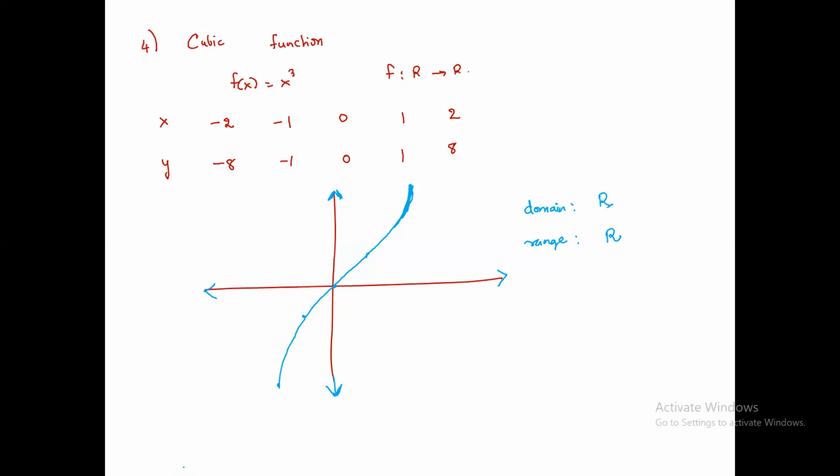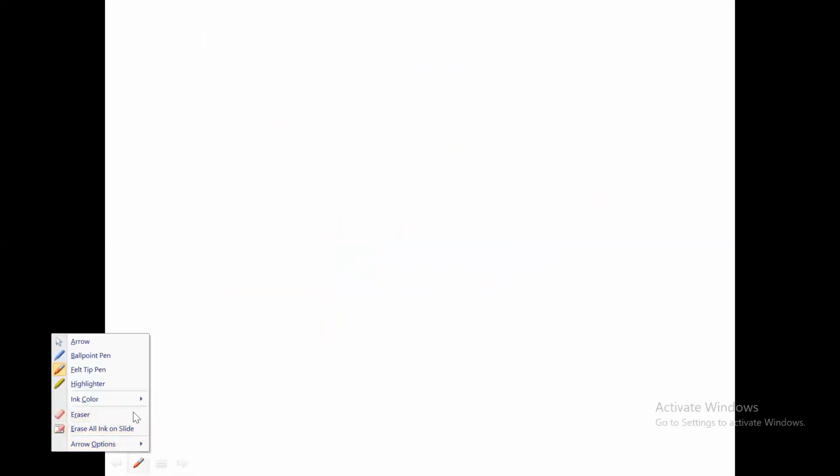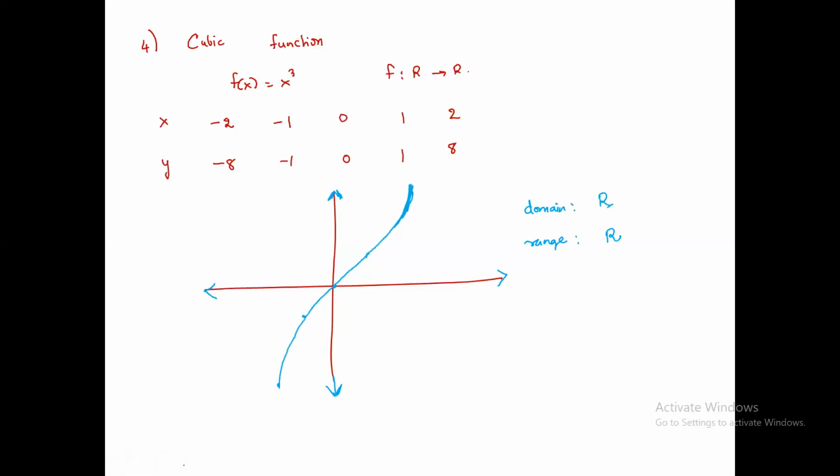The next important function we are going to learn is rational function. Earlier that was the fourth one. So now fifth one is rational function.